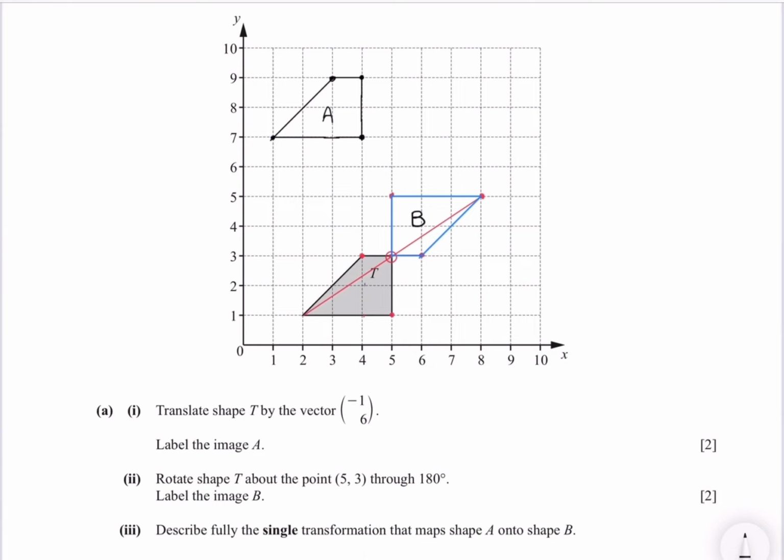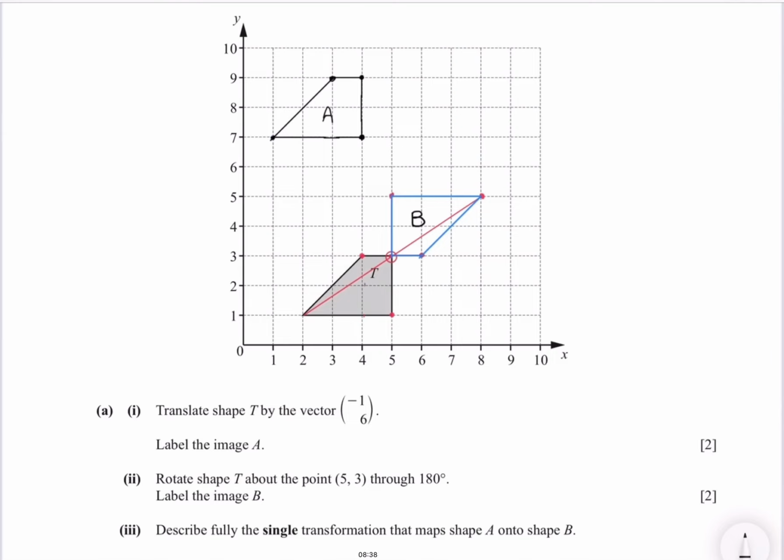Describe fully the single transformation that maps A onto B. So A onto B looks like a 180 degree rotation.